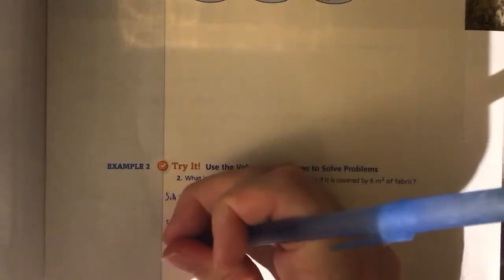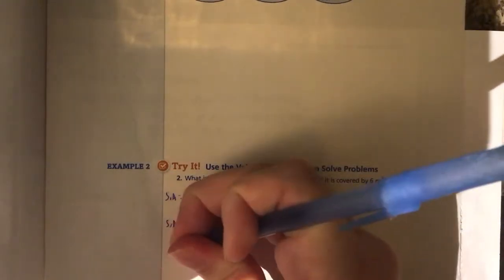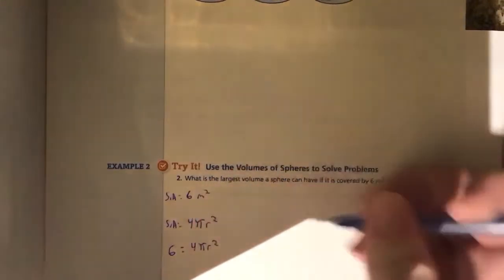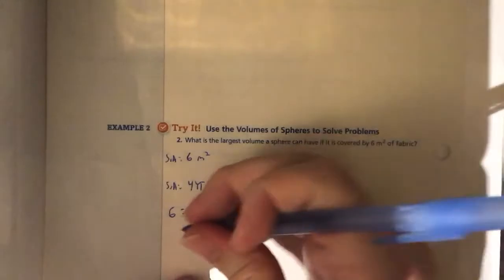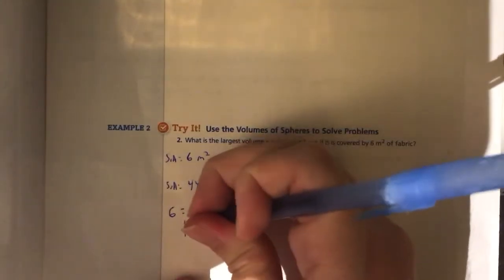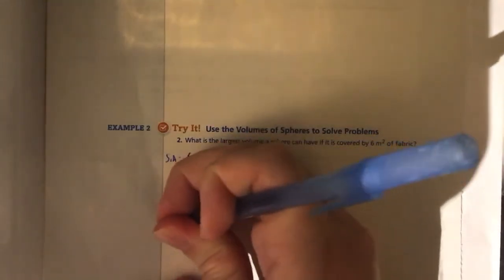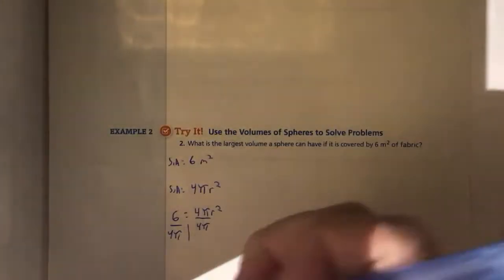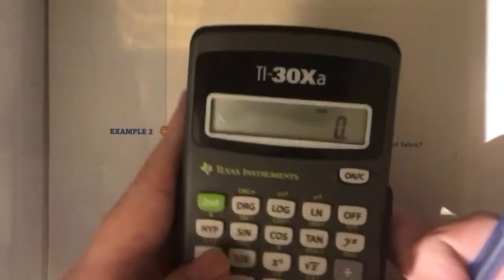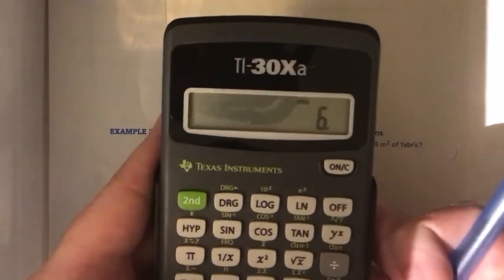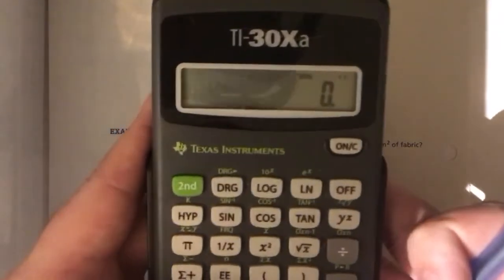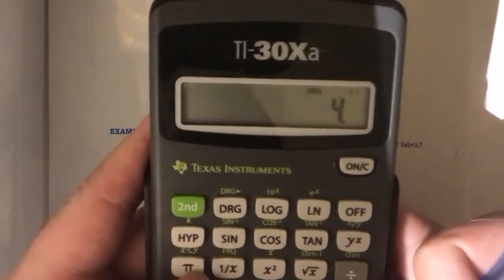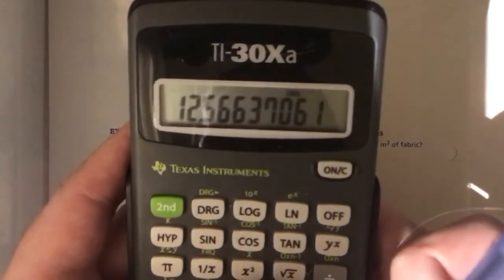So in this case, I know surface area is 6, and then I set it equal to 4 pi r squared, and I solve for r. So to solve, I first divide by 4 pi, get rid of those. So 6 divided by 4 pi, let's do that. 6 divided by parentheses 4 times pi, close parentheses.